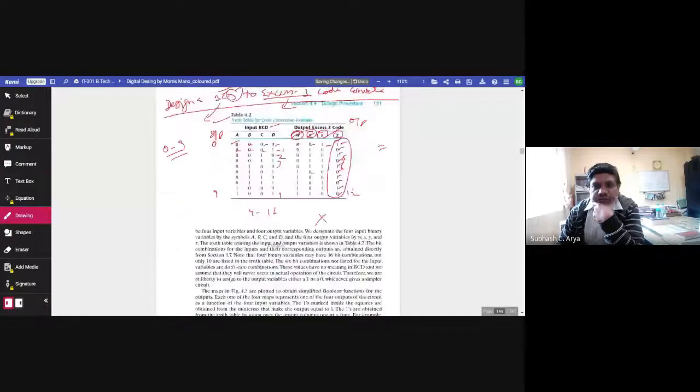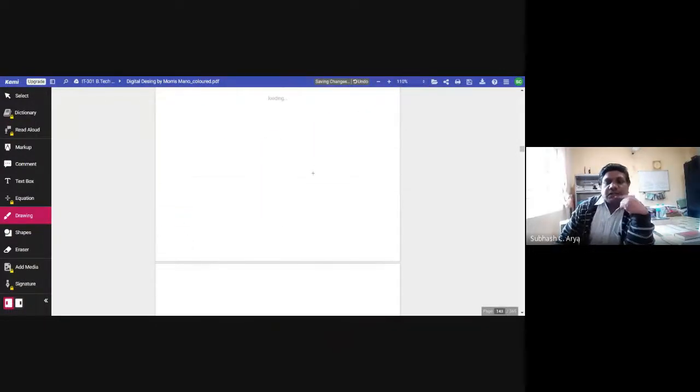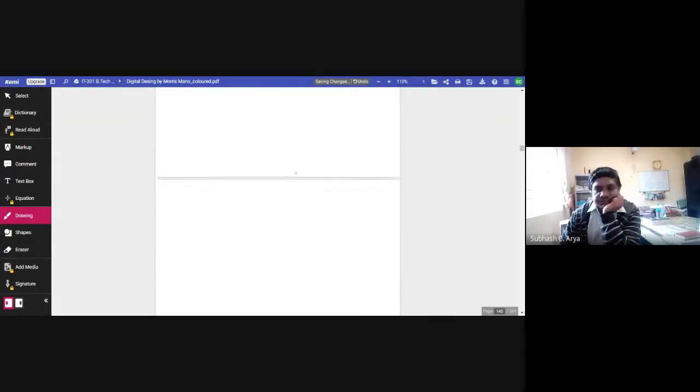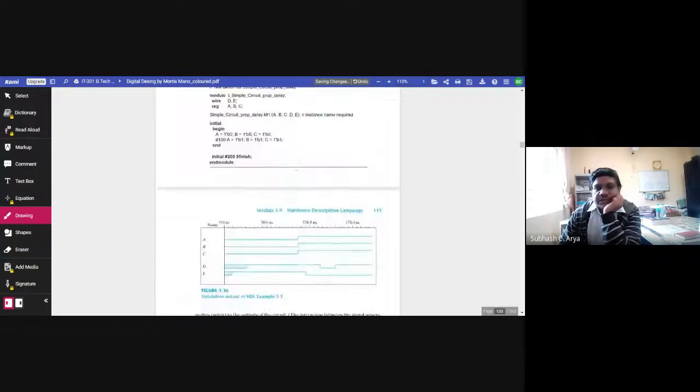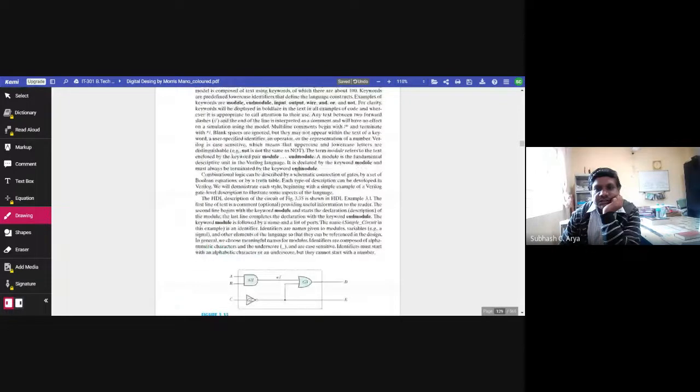To do the VHDL simulation, you have to write the code, and how to write the code is given in the book. Once we understand the basics, then we can go for complex circuits.